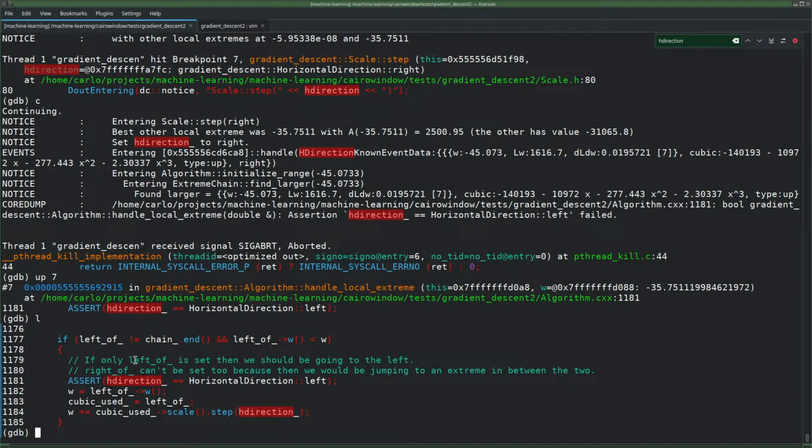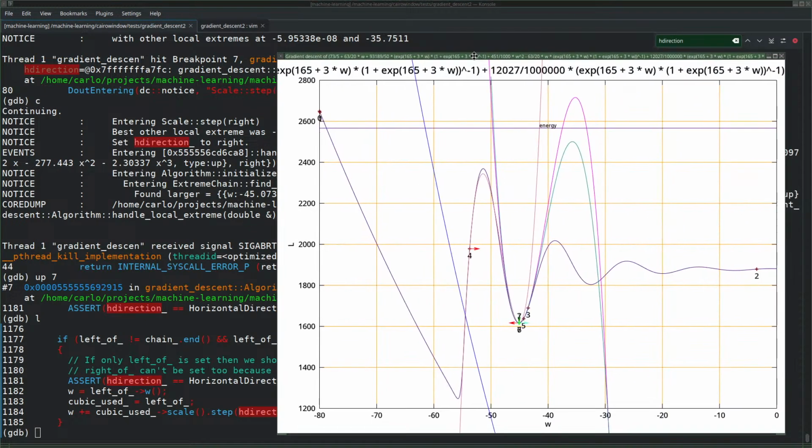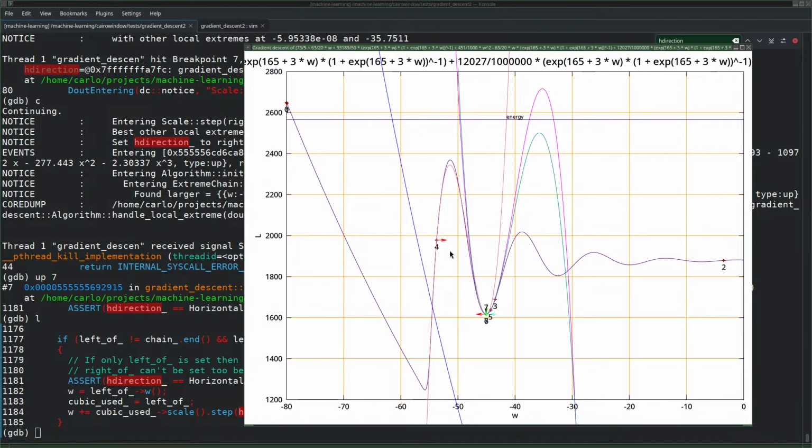That comes from the fact that this code says you can't have left off and right off, both. And we have that, just these arrows. But these arrows were, in fact, the range within which we were looking for a minimum, which we now found. Very much on the edge, but this is within this range, apparently.